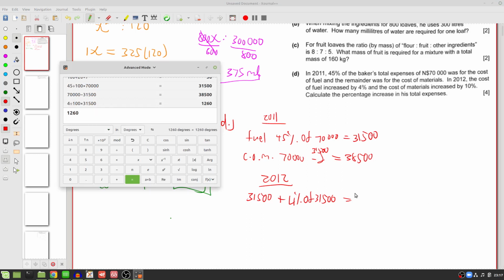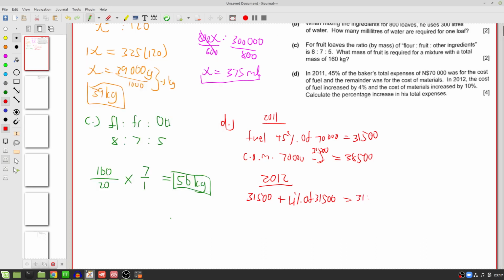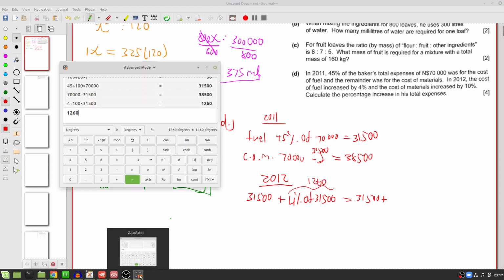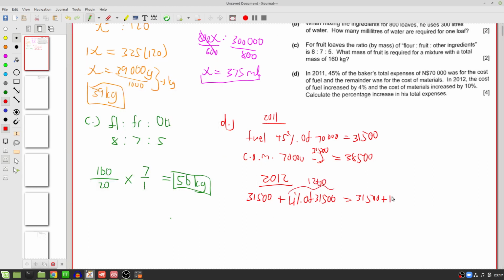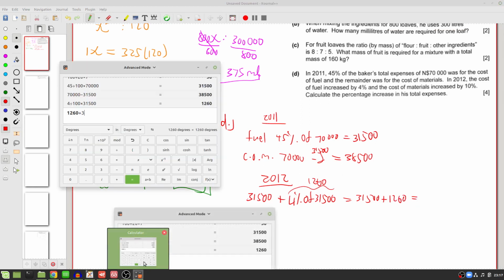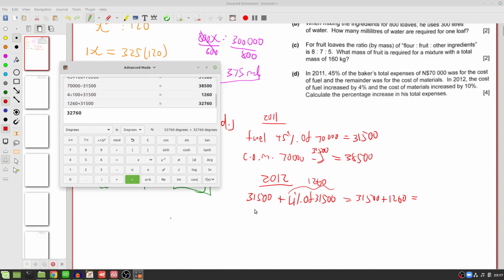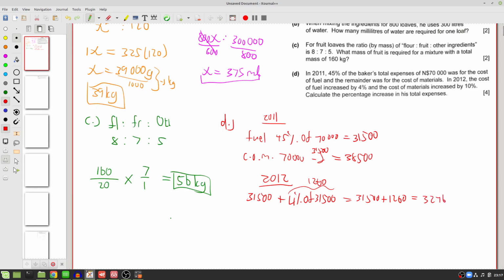So we get 31,500 plus 1260, and if we add that to the original 31,500, we get 32,760. So that's the cost of fuel in 2012.